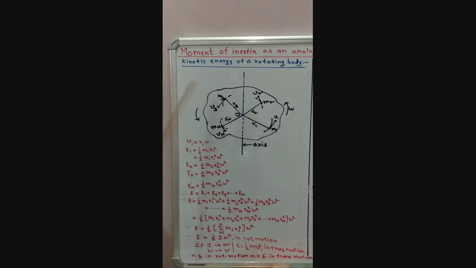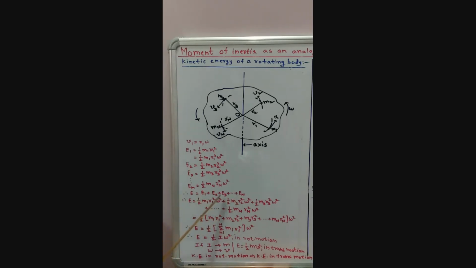Now the total kinetic energy of this rotating body can be obtained by taking the sum of kinetic energies of all the particles. Therefore, E is equal to E1 plus E2 plus E3 plus dot dot dot plus En.